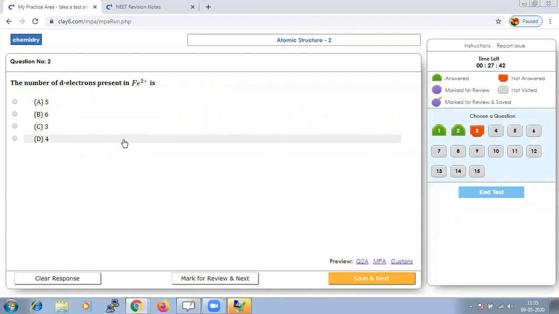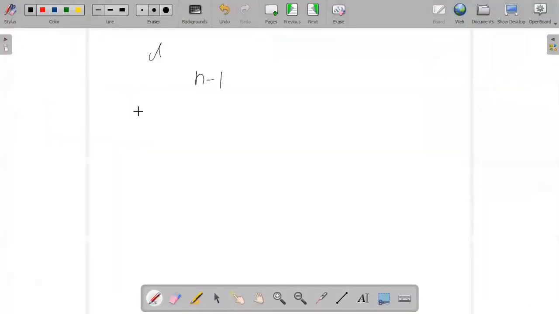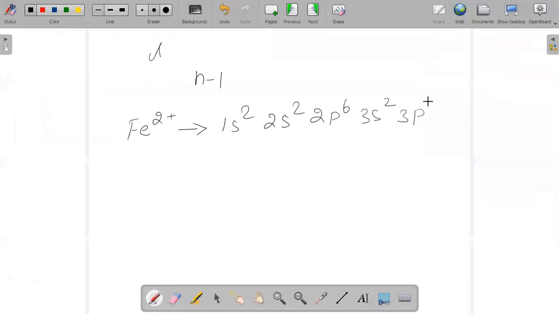Next is the number of d electrons which is present in your Fe2 plus. It's very simple. If you do the electronic configuration of your Fe2 plus, we could find out very easily how many d electrons we will get. It is 1s2, 2s2, 2p6, 3s2, 3p6, and your 3d6.